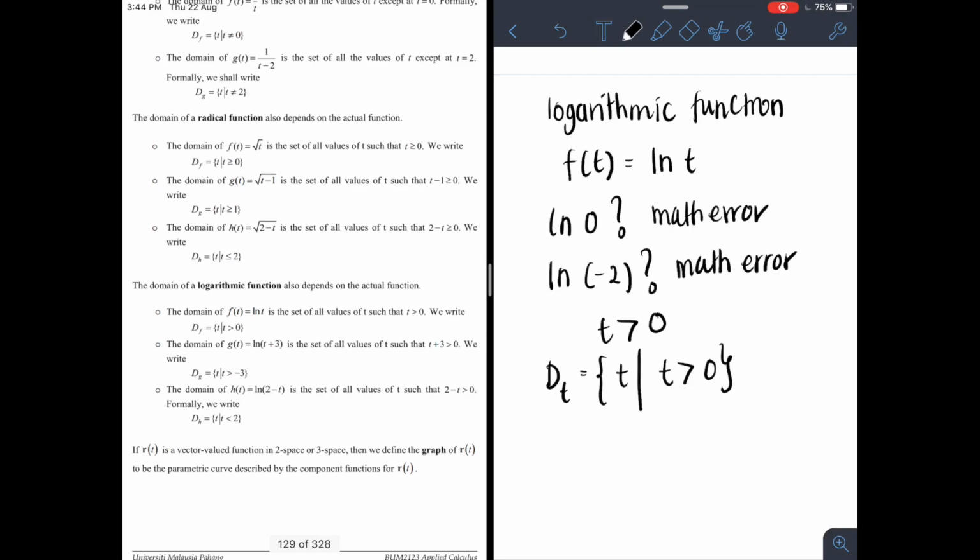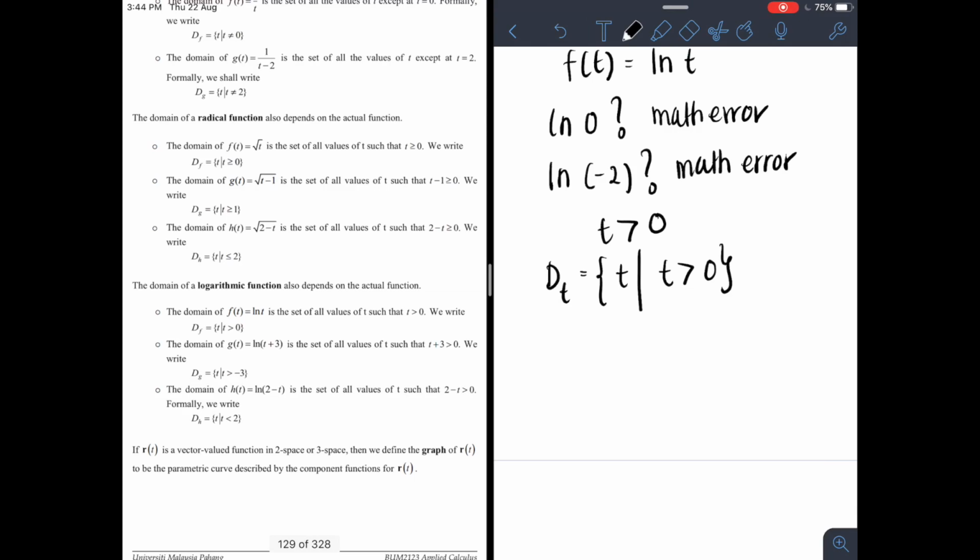Okay, so let us try to solve several examples. Maybe I give you this kind of question. Function f(t) is equal to ln(2t minus 7). So why don't you try to solve this question on your own?